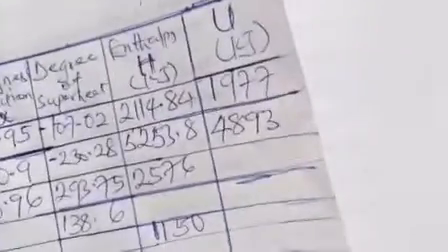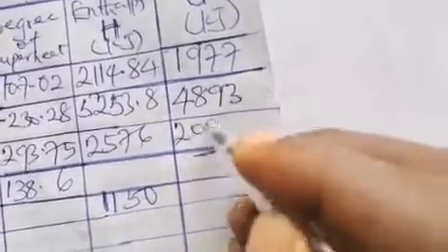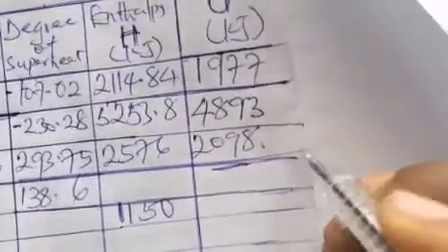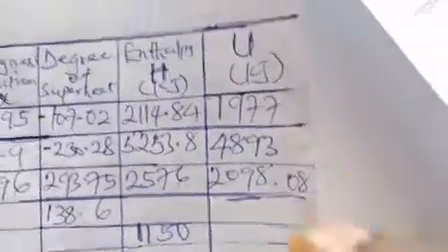That becomes the internal energy, so let's fill up that point. We have it here: 2098.08 kilojoules.